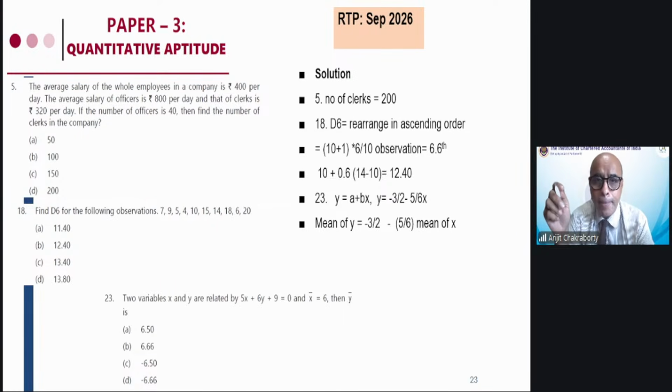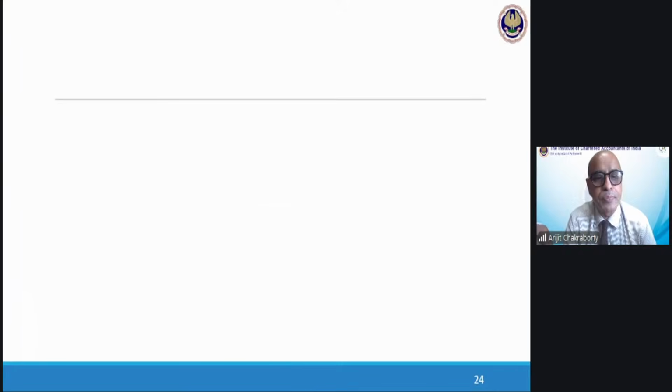Then we introduce the second parameter, change of scale. So minus 3 by 2 minus 5 by 6 into the mean of x. Mean of x is 6. So the expression ultimately comes to minus 13 by 2, that is minus 6.5, which means option C is the right answer.